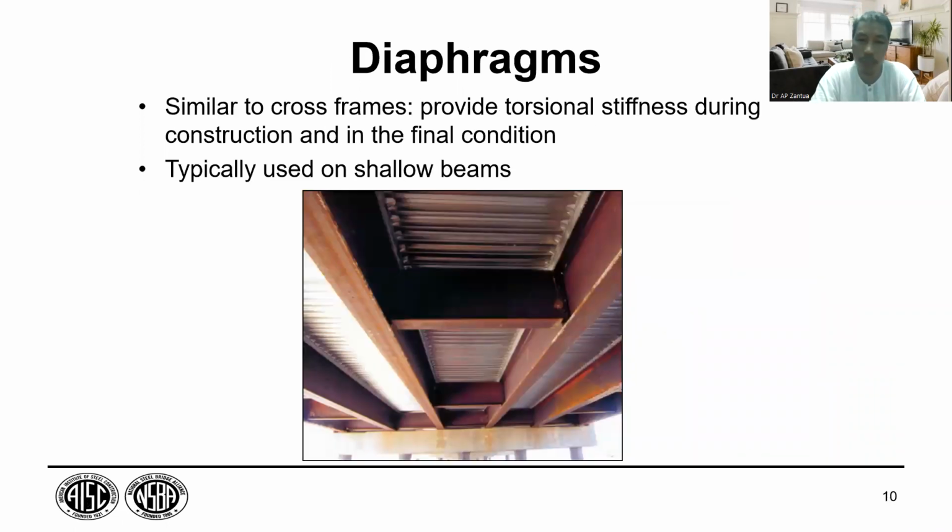Diaphragms. So this is what we mean by diaphragm. Similar to cross frames, they provide torsional stiffness. That is the real function. It improves buckling resistance because of the provision for torsional stiffness during construction and in the final condition, not only during construction.